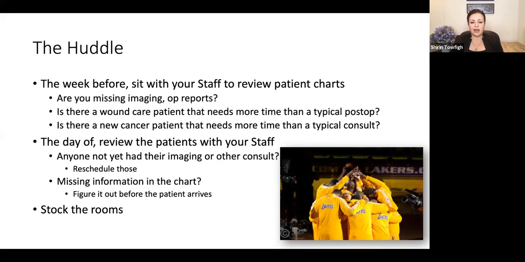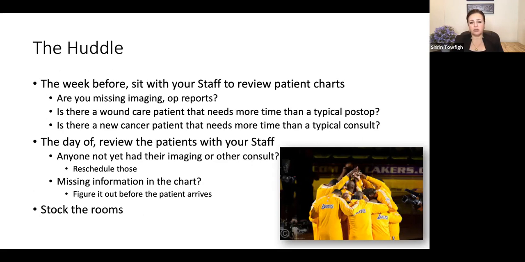On the day of, you should also take a quick look at your appointment list and make sure you have everything. So for example, someone was supposed to get a CAT scan before they come to see you for their hepatobiliary tumor or mass, we don't know what it is. If they never got their CAT scan, it's kind of a waste of time for you and the patient to show up for this consultation.